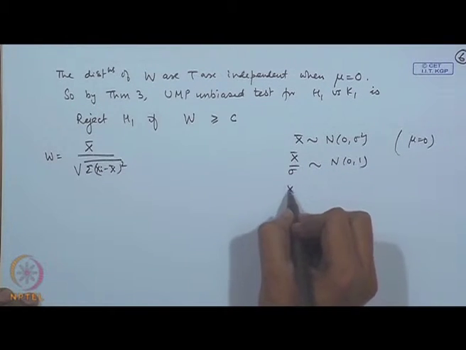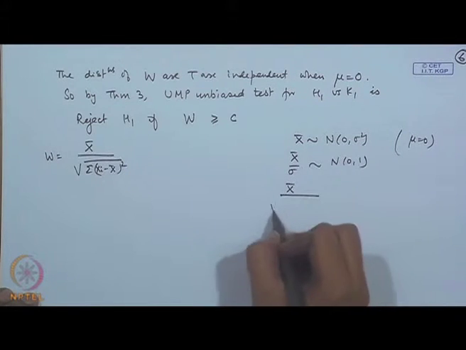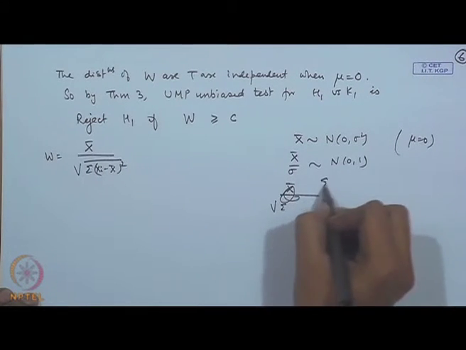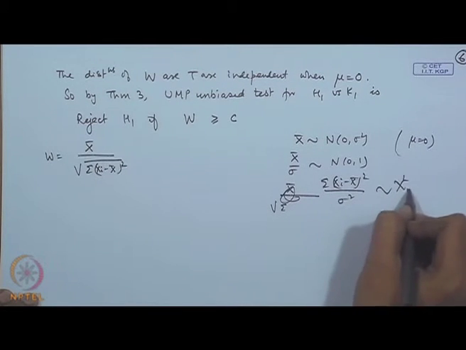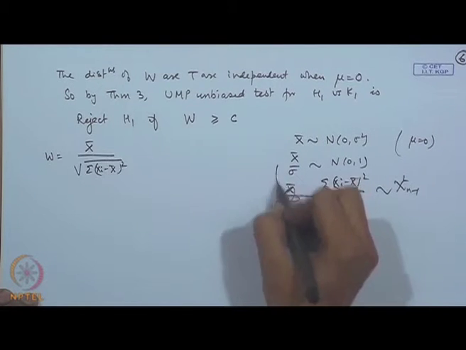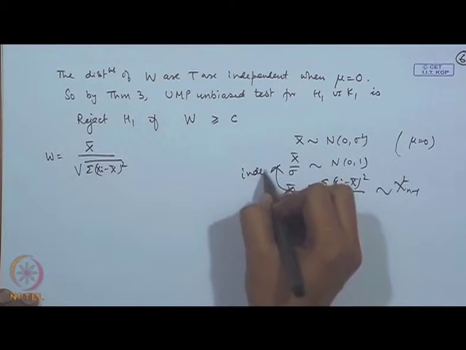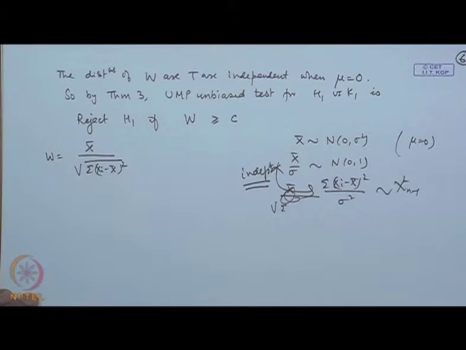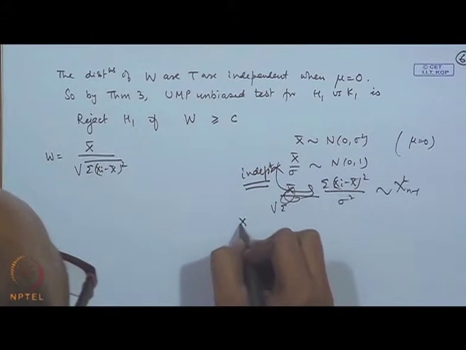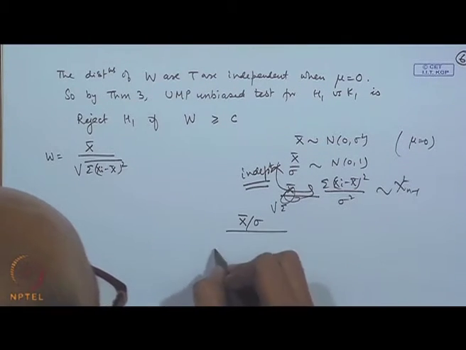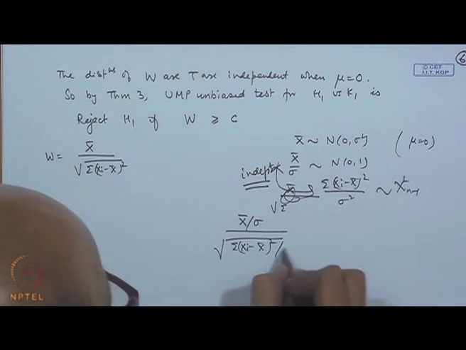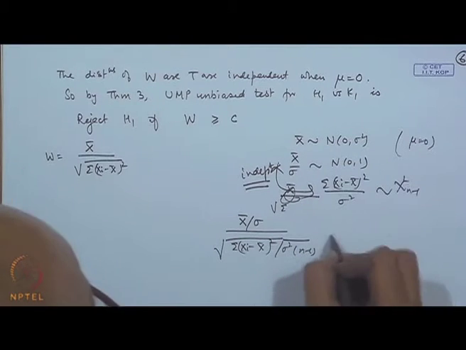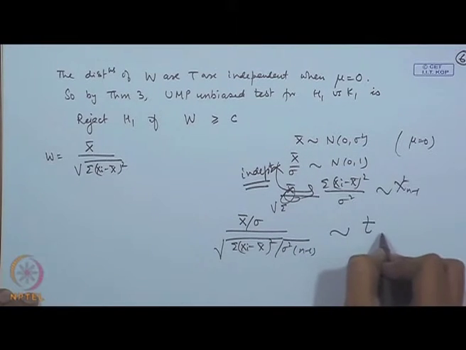If I look at sigma x i minus x bar whole square by sigma square, that follows chi square n minus 1, and these two are independent. So, if I look at the ratio x bar by sigma divided by square root of sigma x i minus x bar whole square by sigma square into n minus 1, that will follow t distribution on n minus 1 degrees of freedom.